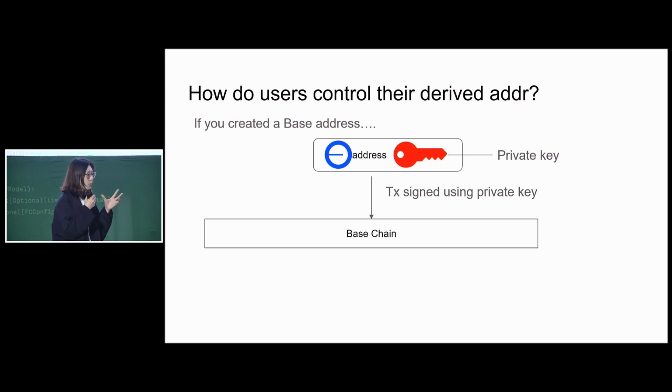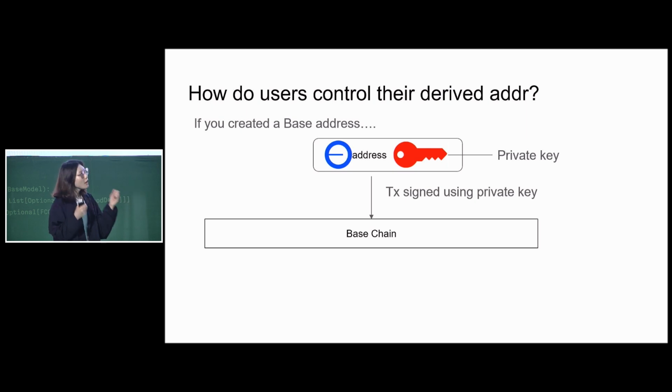The next question we want to explain is: we know that these users can derive these addresses, but how do they actually use these addresses? Because they don't have the keys, right? Before we go into the detail, imagine that you create your own account on, let's say, Base.